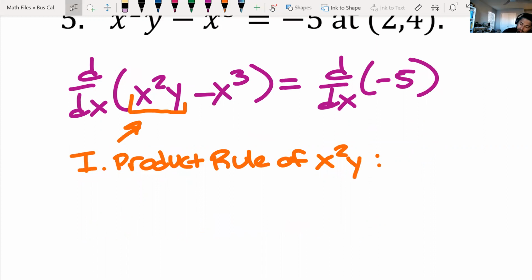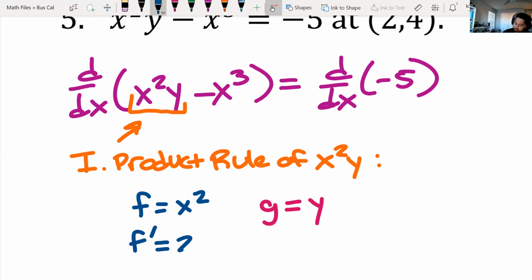So f will be x squared, g will be y, derivative of f is 2x, and the implicit derivative of y is always y prime.